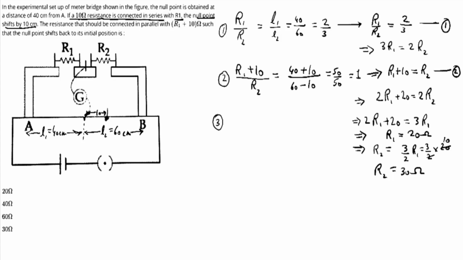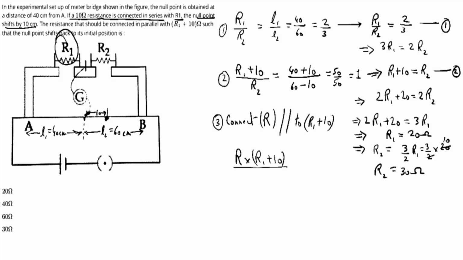Now as per the third condition, we need to connect a resistance R parallel to R1 plus 10. So we get the value of this equivalent to be R into R1 plus 10 divided by R plus R1 plus 10.